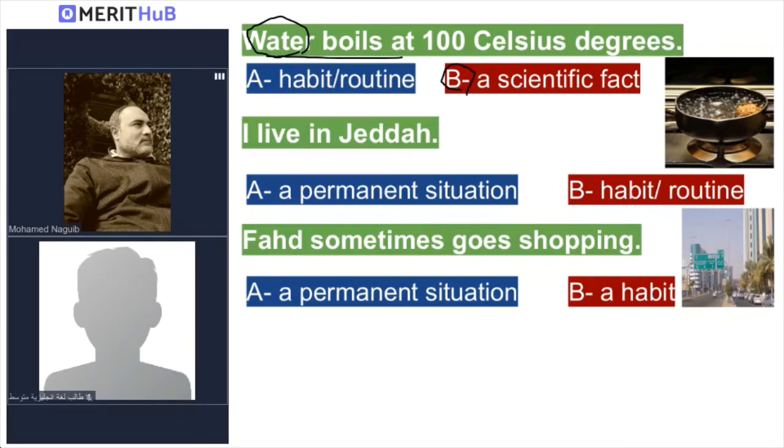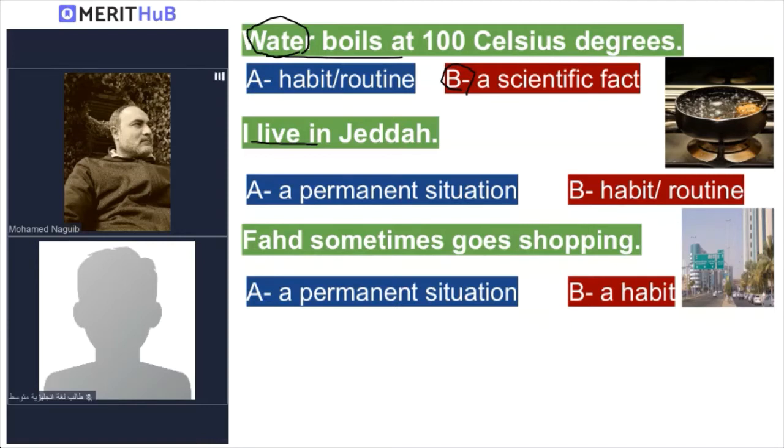I live in Jeddah. What do you think? I live in Jeddah. Now and in the past and tomorrow. So the action is permanent. It's a permanent action. It is not a habit, because a habit refers to adverbs of frequency, as you know, like sometimes and so on.